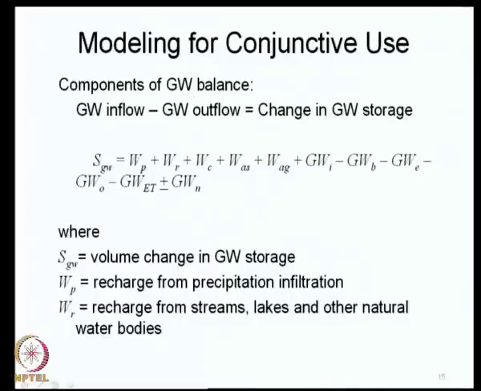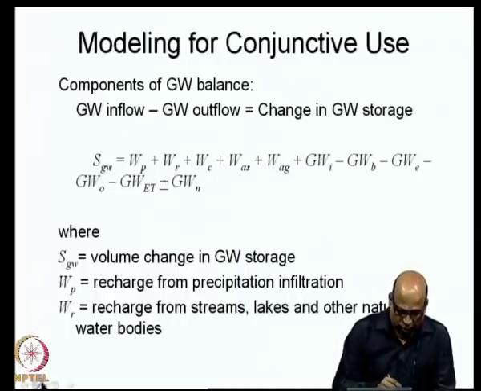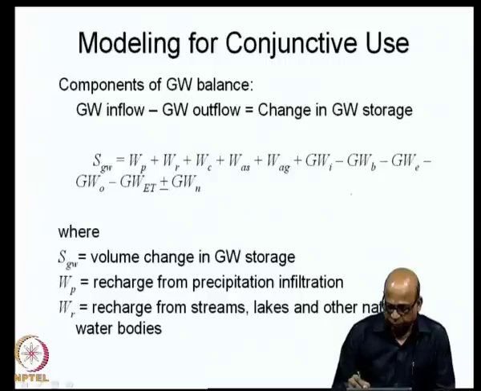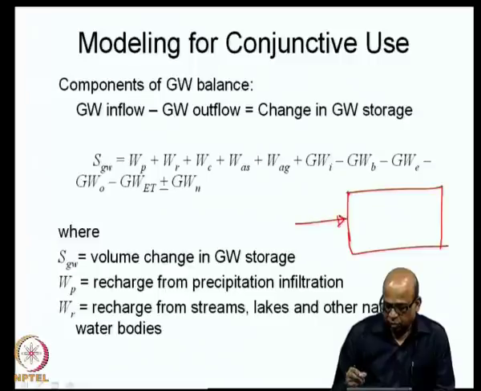So, first we look at the groundwater balance itself. Remember, we are talking about the groundwater as one box here, in which there is an inflow and there is an outflow.